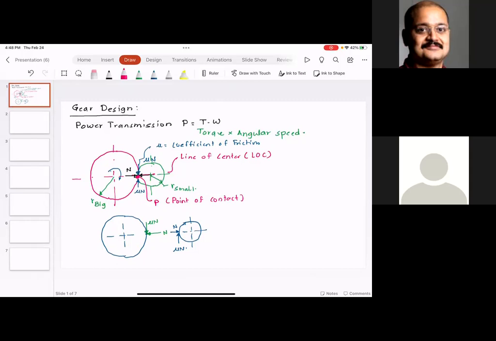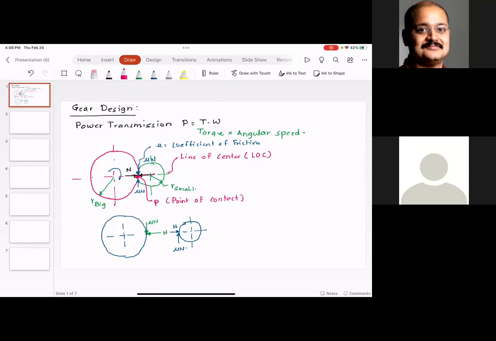In other words, this is super important. Velocity of point P, whether you consider that on the big wheel or on the small wheel, is going to be the same. Since that point P is shared by these two elements, point P cannot break. It cannot have two different velocities.